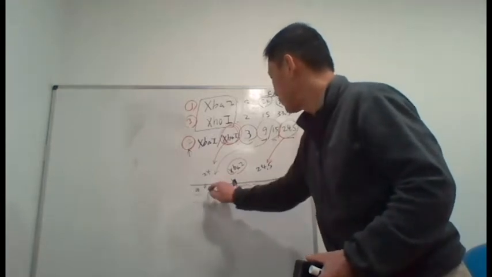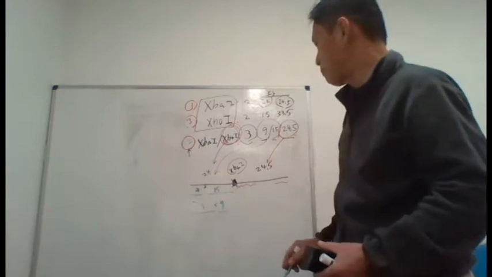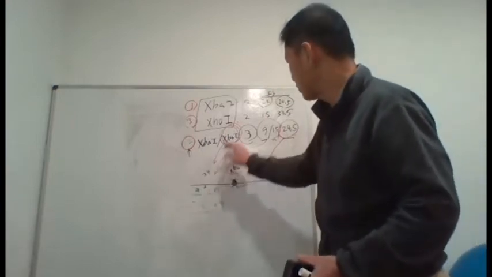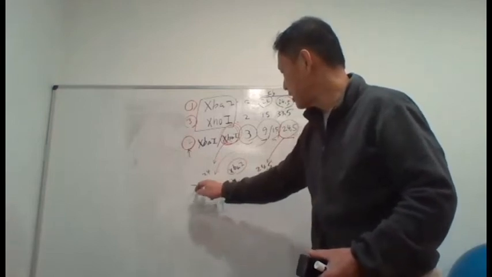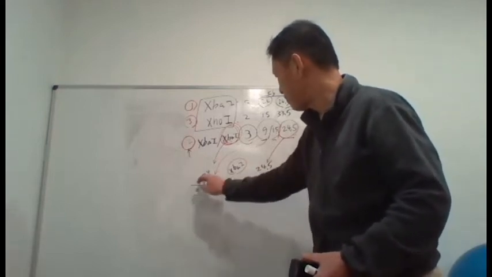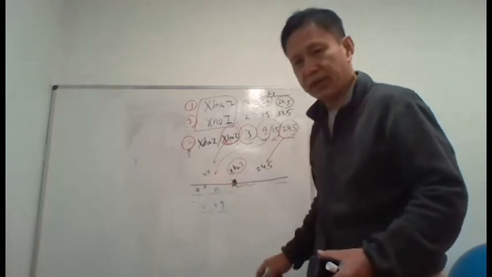So you have 2 different possibilities for the location of XHO1, because you can produce 9 from here and 15 from there, or 15 from here and 9 from there. So you have two possible locations.